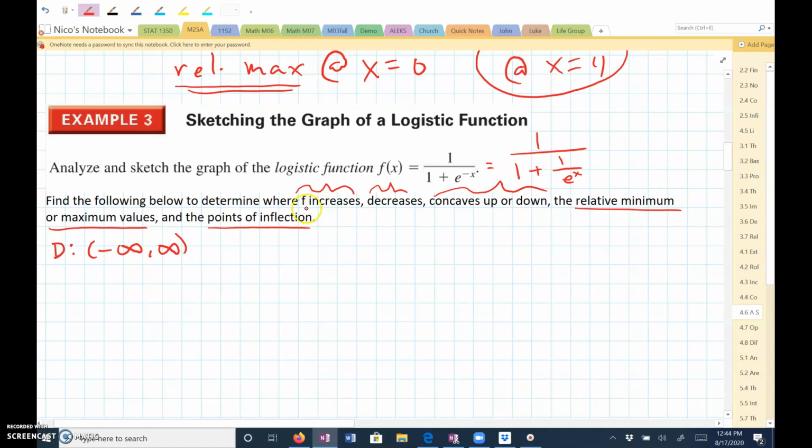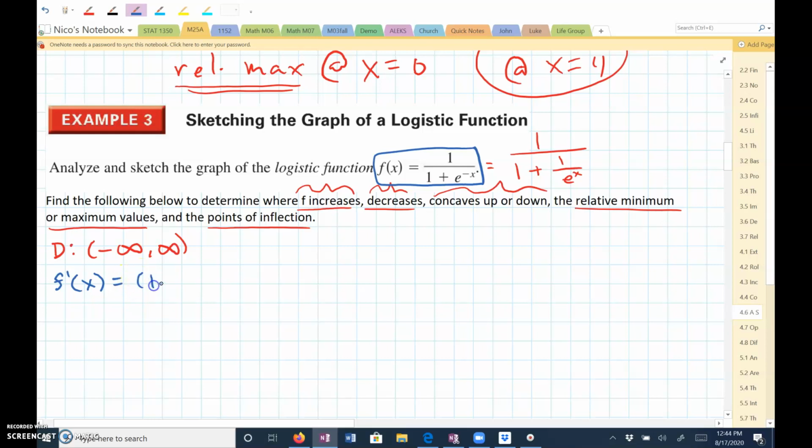Next, if we want to figure out where the function is increasing or decreasing, we are going to do the first derivative test, or you can use the second derivative test to figure that out. But we are going to have to take the first derivative. So let's do that. If we take the derivative of this, let's do the quotient rule.